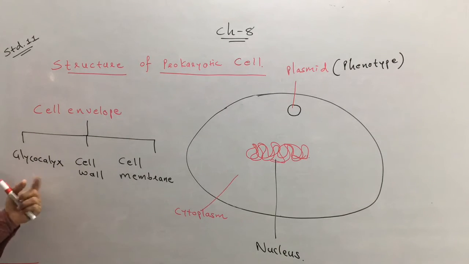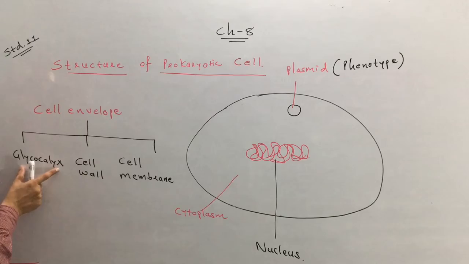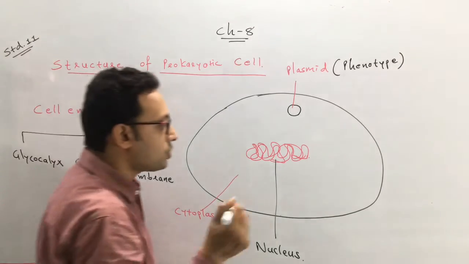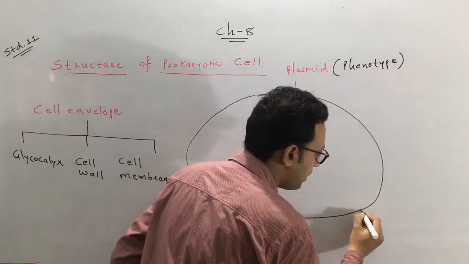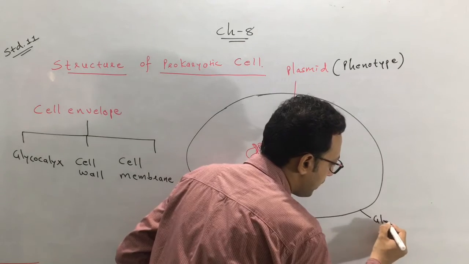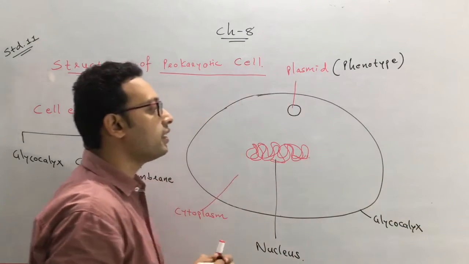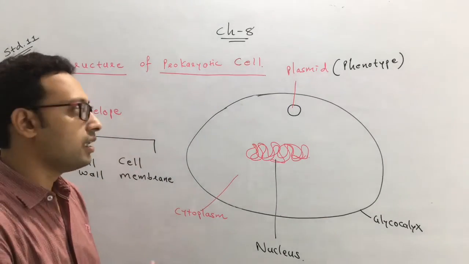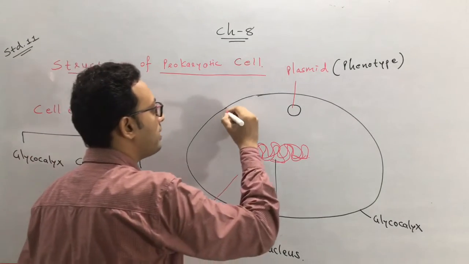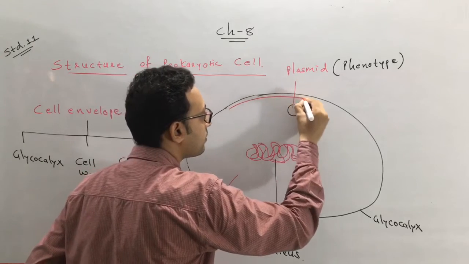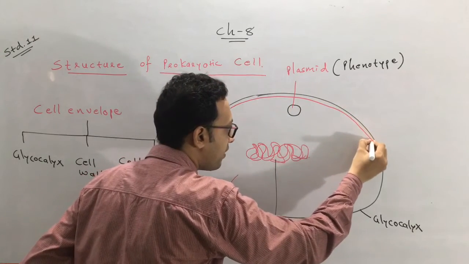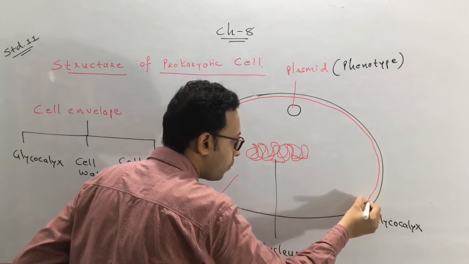So let's see. The first one, the outermost layer, is called the glycocalyx. This is the outermost layer you can find in a bacterial cell. Now the middle layer, I am drawing the middle layer. This is the middle layer you find in a bacterial cell. What can it be called?